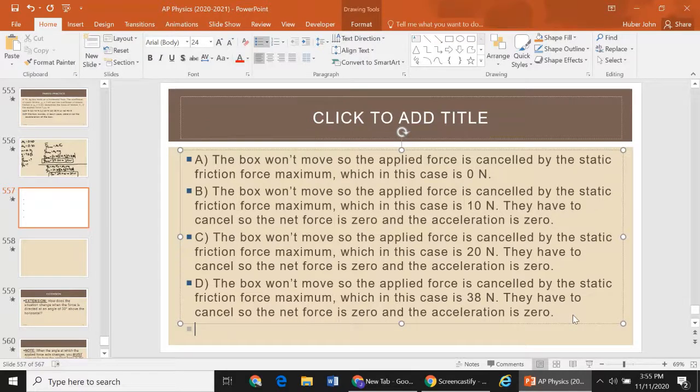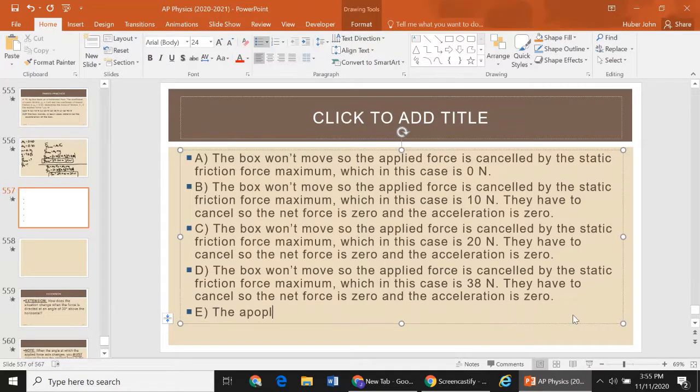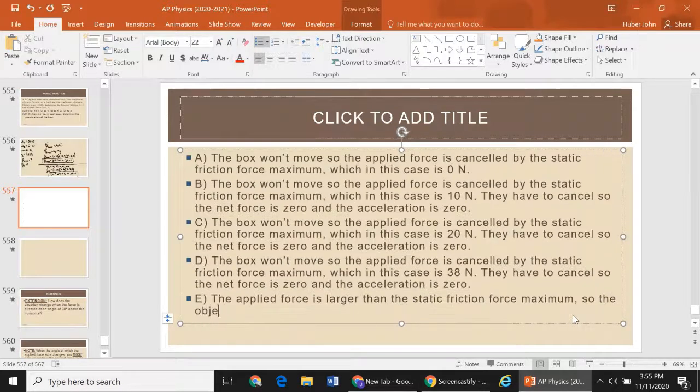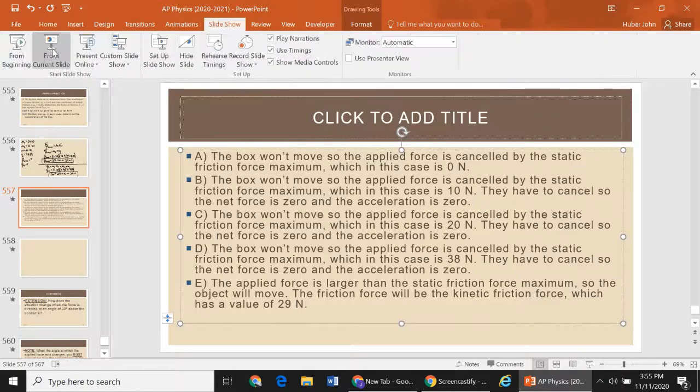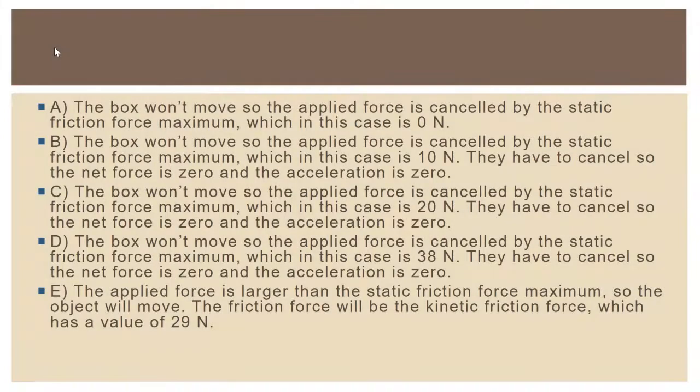So for E, we'll say the applied force is larger than the static friction force maximum, so the object will move. The friction force will be the kinetic friction force, which has a value of 29 newtons, which we calculated.